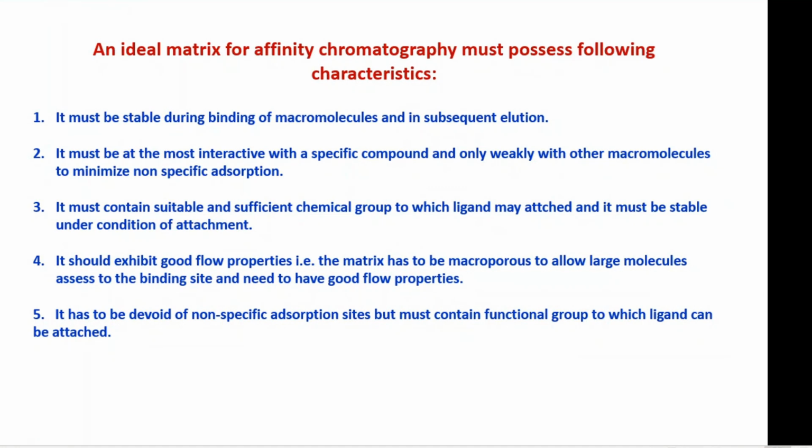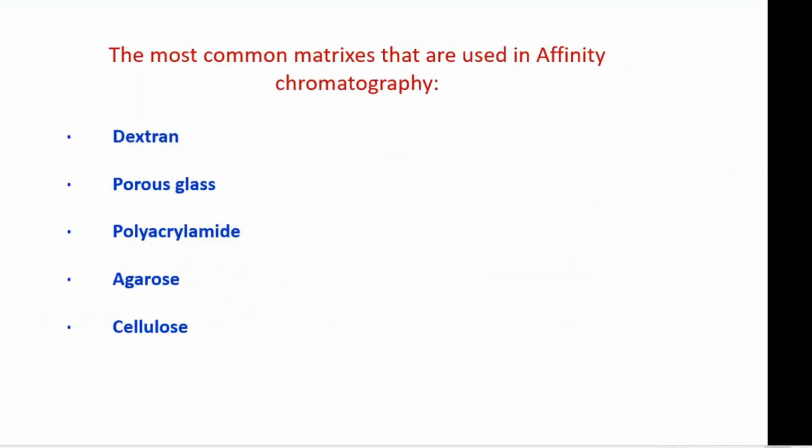Okay, so this is the most important aspect which we can see with these ideal characters of the matrix. But it has its own kind of drawbacks, and not all of them will have all kinds of characters; only a few of them will have the good characters. Okay, so what are the different types of matrix materials that can be used?